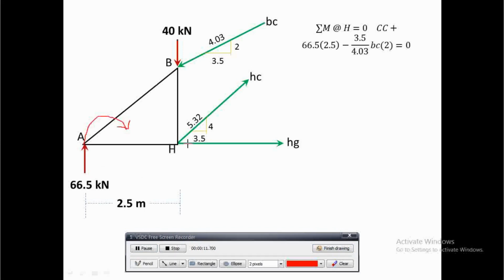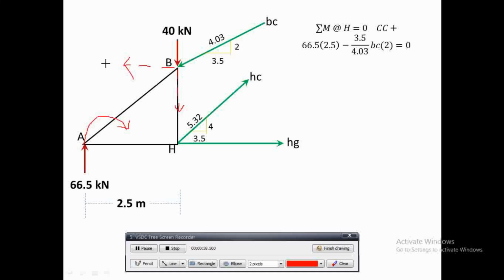The distance is 2.5. For BC, remember, BC is slanted. There is a vertical and a horizontal component. If I draw, this is the horizontal component of BC, and this is the vertical component of BC. If you notice, the vertical component of BC passes through H, so it drops out.